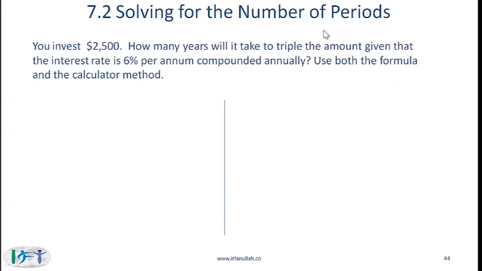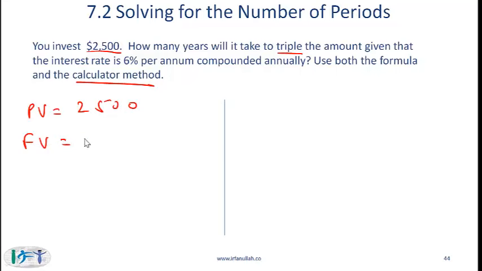Solving for the number of periods. You invest 2,500. How many years will it take to triple the amount given that the interest rate is 6% per annum compounded annually? Using the calculator method, all we need to do is the following. Present value is 2,500. Future value needs to be the opposite sign.